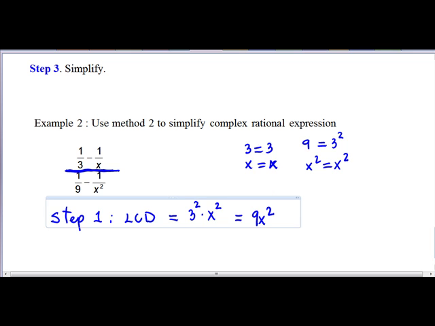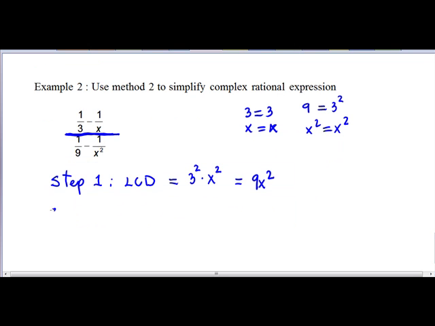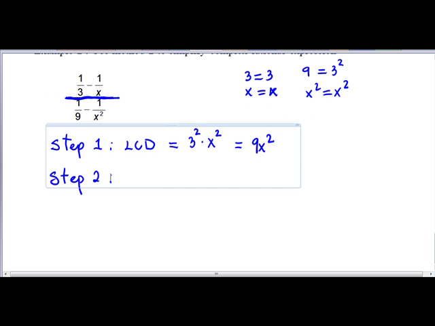Step 2. Multiply the numerator and denominator by the LCD, which is 9x squared.